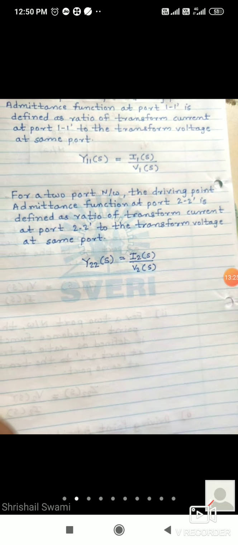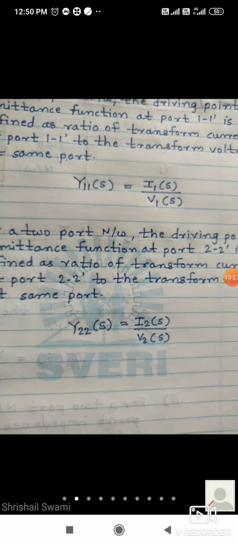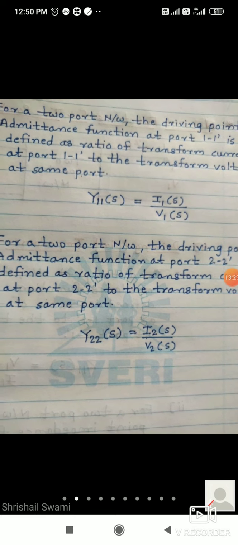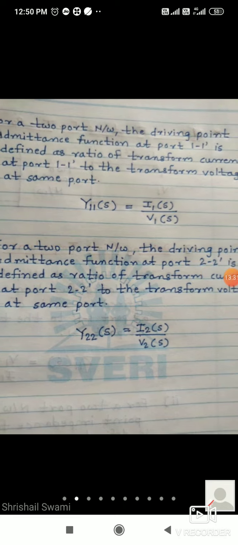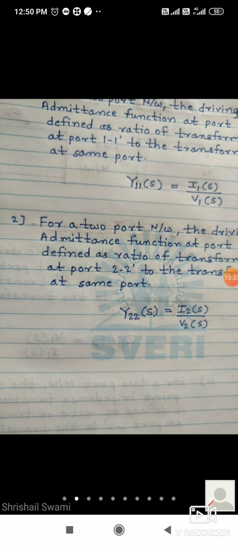Okay, so driving point impedance and admittance over. So these 4 are called as what?